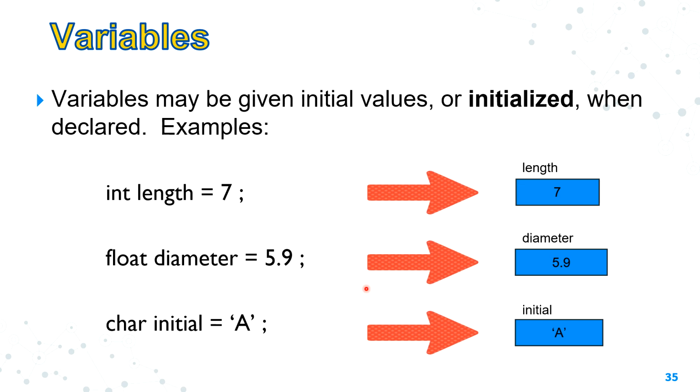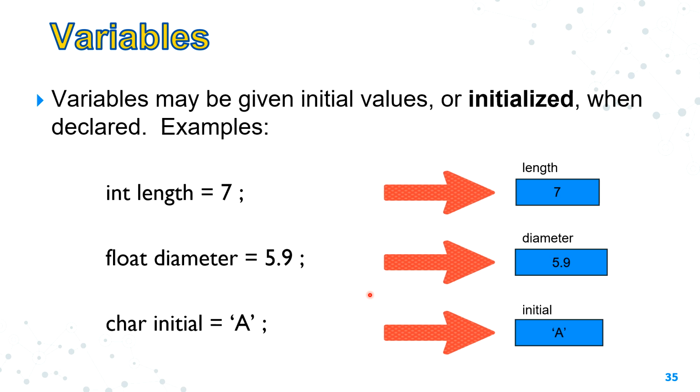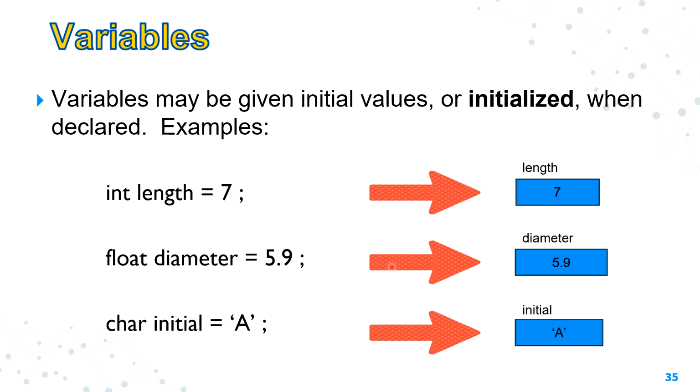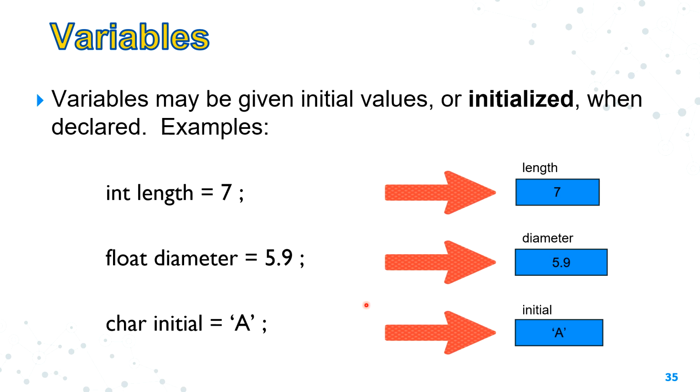It makes your programs safer, clearer, and easier to understand. So from this slide, the key takeaway that needs to be emphasized is that initialization gives variables a starting value, which helps avoid errors caused by uninitialized data.